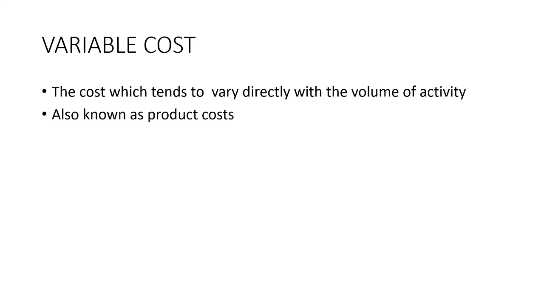The next type of cost is the variable cost. It is the cost which tends to vary or change with the volume or level of activity. So if there is any increase in the production, the variable cost will also increase. When the level of activity decreases or the production decreases, variable cost will also decrease.